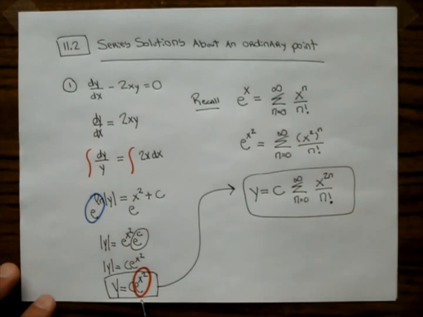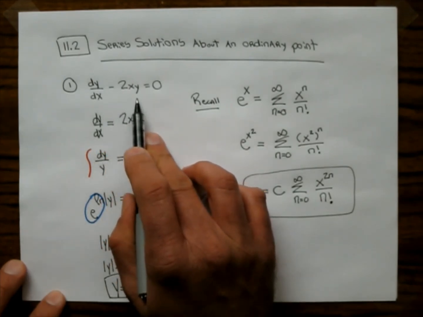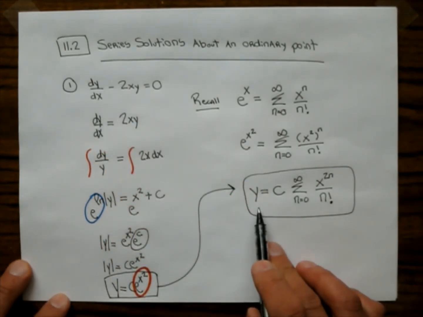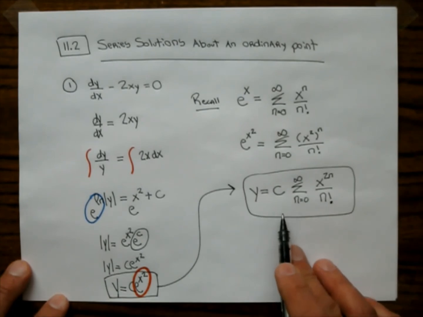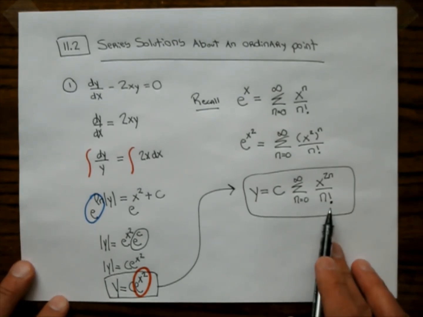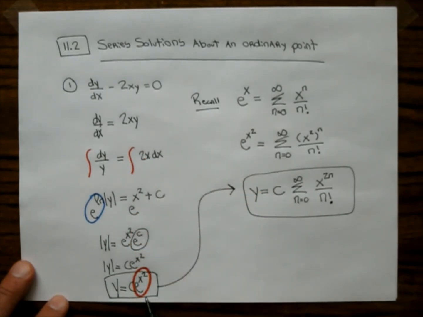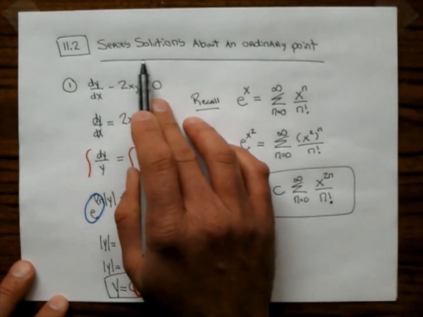Now, on a problem like this, we'd probably prefer this solution right here, but we're just trying to illustrate the point that you can have a differential equation whose solution can be written as an infinite series. On this one, it didn't have to be the case, but there are other differential equations where you cannot solve it nicely in any technique except by series solutions.